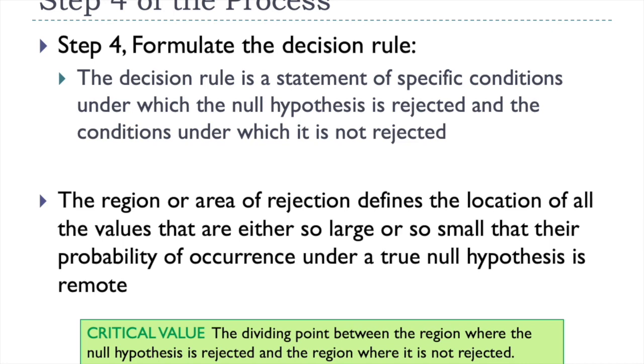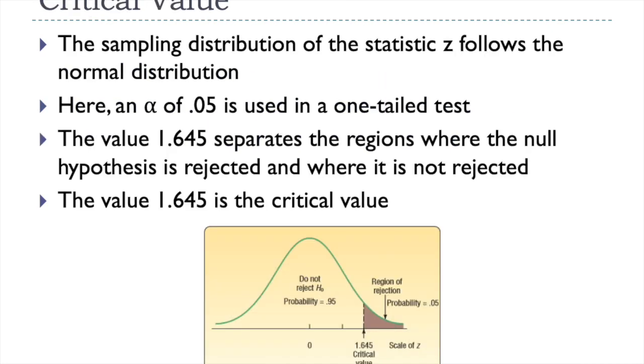On this next slide, I'm going to show you a quick example of the critical value. Maybe we had a sampling distribution and we had the Z statistic here. Our alpha was 0.05. We're doing what's called a one-tailed test. I'll talk about that in a second. The critical value here is 1.645.